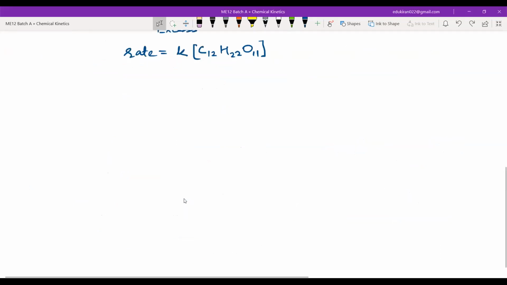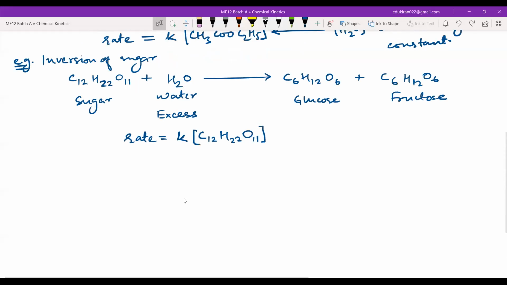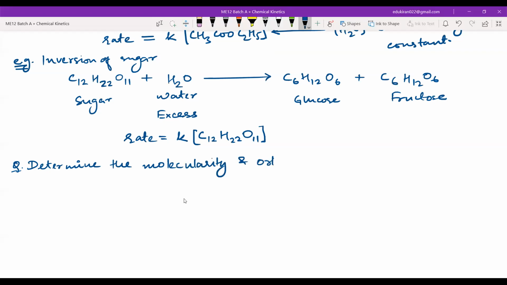A simple question. Determine the molecularity and order of the following reaction.